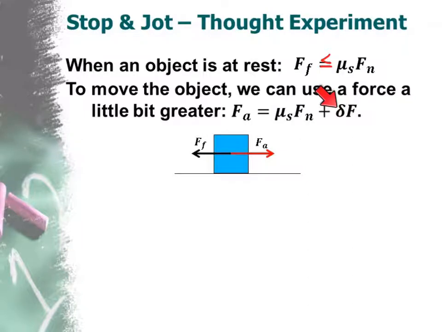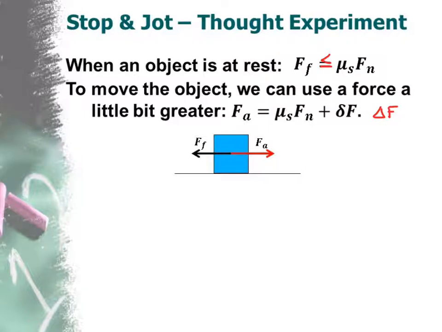The reason that we use small delta is to remind us that it's a small change, unlike the delta you're used to. This delta, which is a capital delta, is a big change. We just want a small change, so we're going to use a small delta. And you're going to see that a lot in physics, especially if you go into college physics. All right.